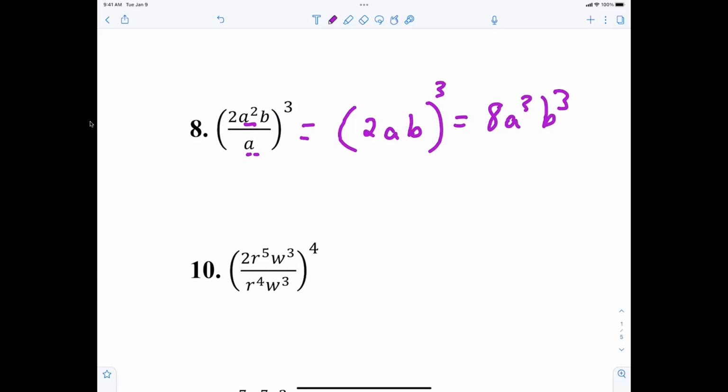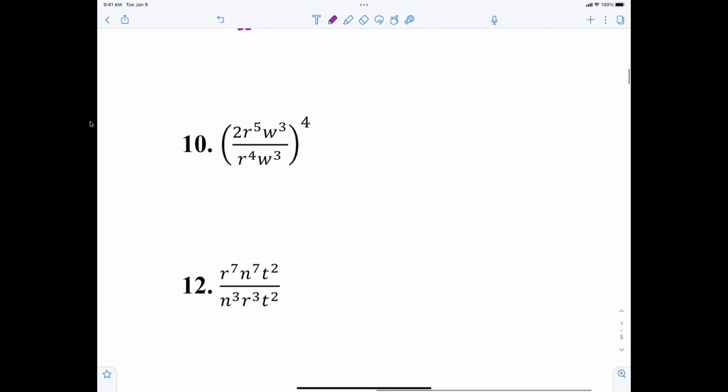That's it. All right, now for number 10. Just quickly, I am simplifying. There's nothing to simplify with the 2 and a 1. R to the 5th, R to the 4th leaves me an R. And the W cubes cancel.